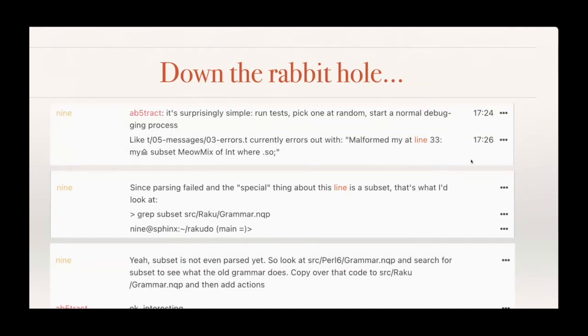I know it did for me when reading it in this conversation, but reading it now, it strikes me how it's really all there is to, for instance, adding subset. When it comes to adding a missing piece of the language, something that's not parsed properly yet, it really is just about looking at the old grammar, porting it to the new grammar, and then starting on actions. And starting on actions means developing a RakuAST node.